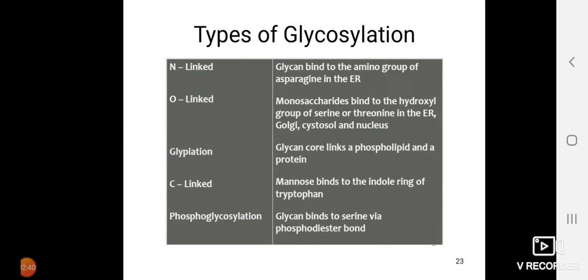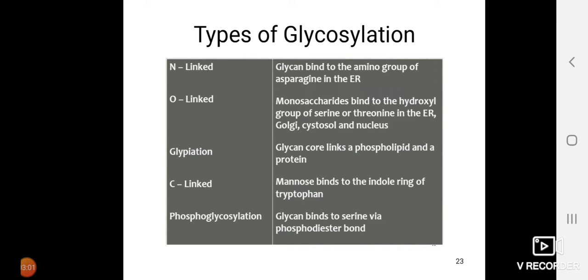Glycosylation is nothing but the addition of sugar units to the nascent polypeptide chain by forming a glycosidic linkage. This addition of sugar units takes place at different positions within the polypeptide chain, so there are different types.